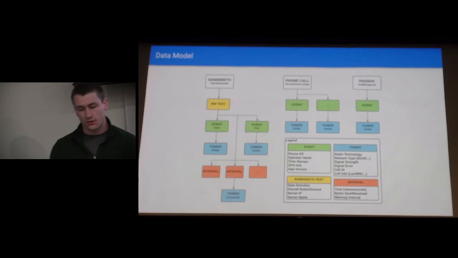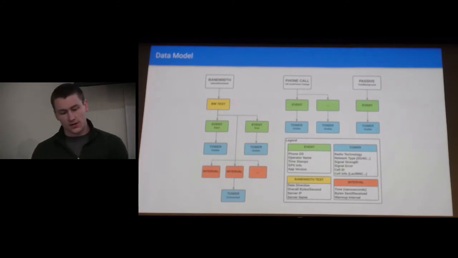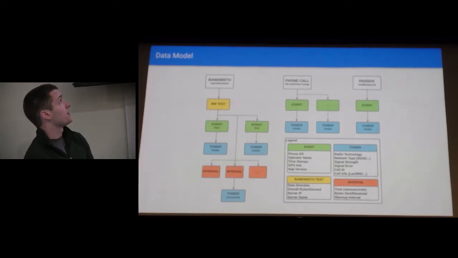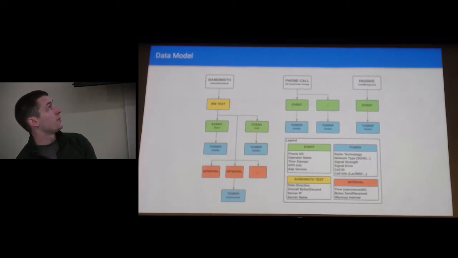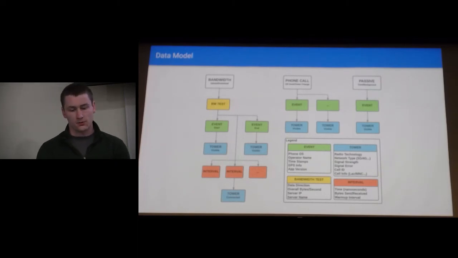if you're moving, how the phone handles the handoffs between different towers as you enter and leave areas covered by different towers. And then the bandwidth test, at its root, is just a measurement of the speed recorded at this time in this area. But we also collect an event at the beginning and end to show what towers are in the area, so you get a feel for which towers were being used.